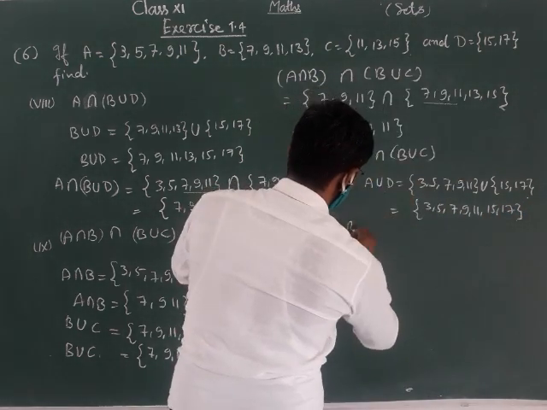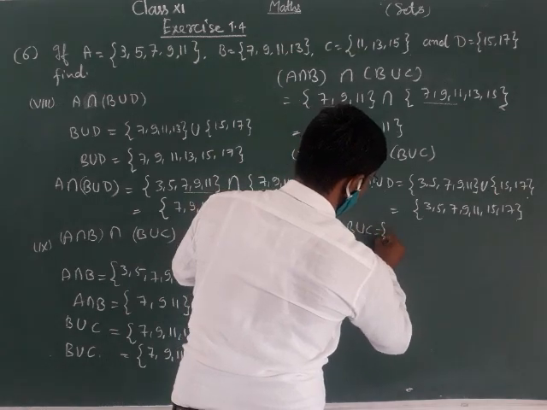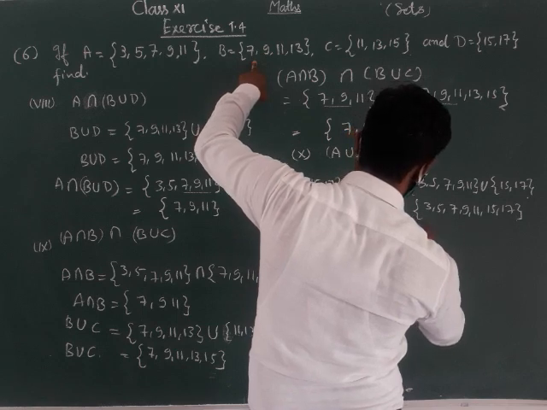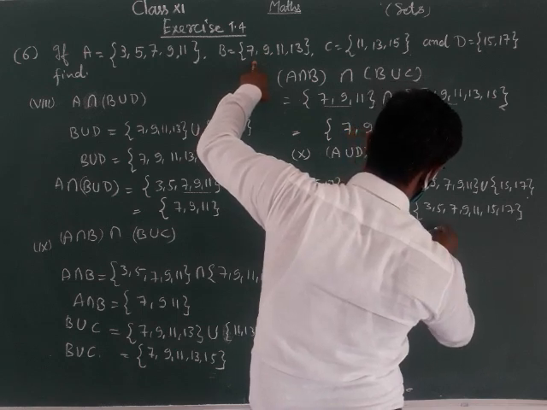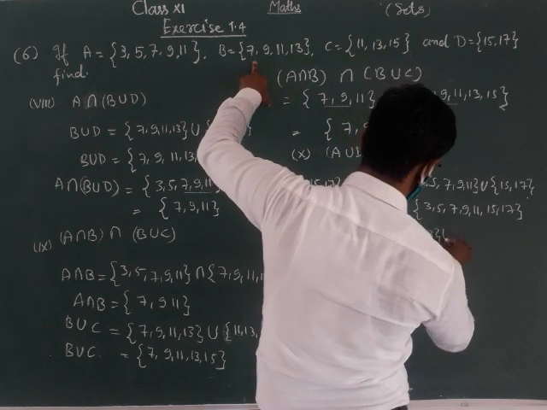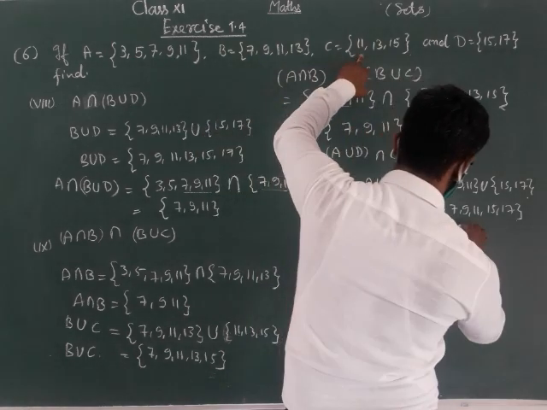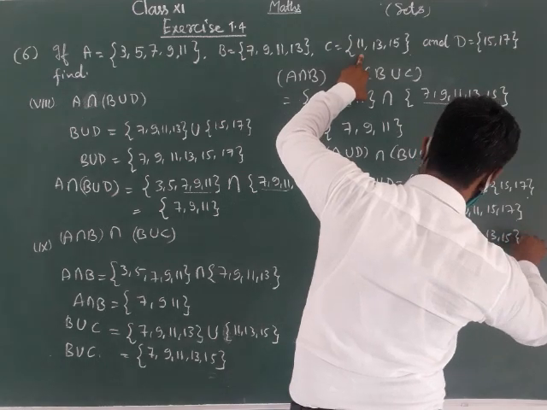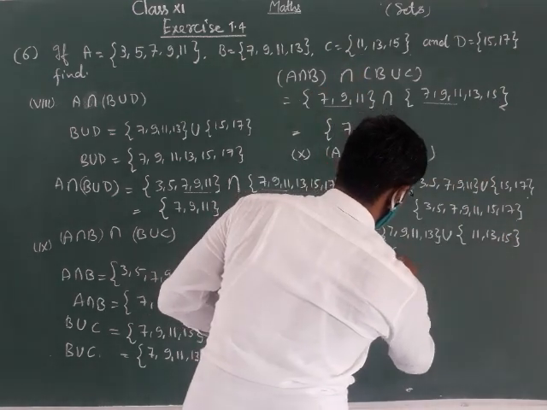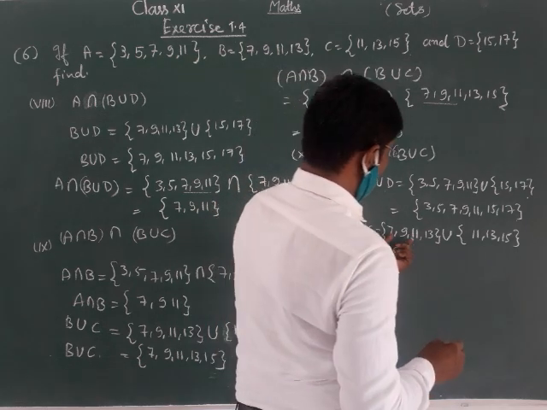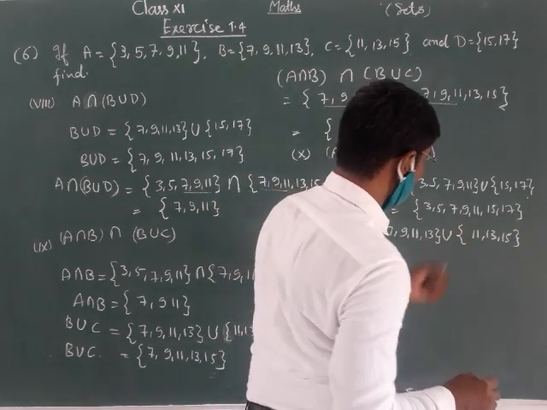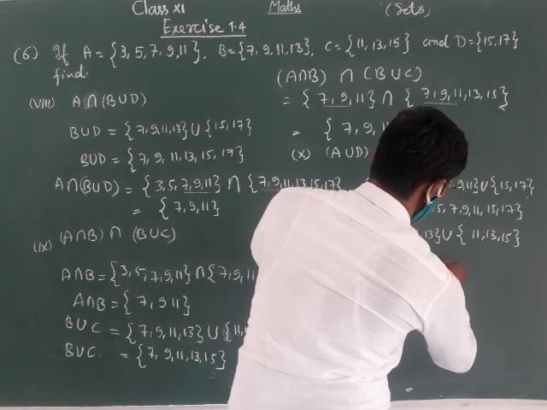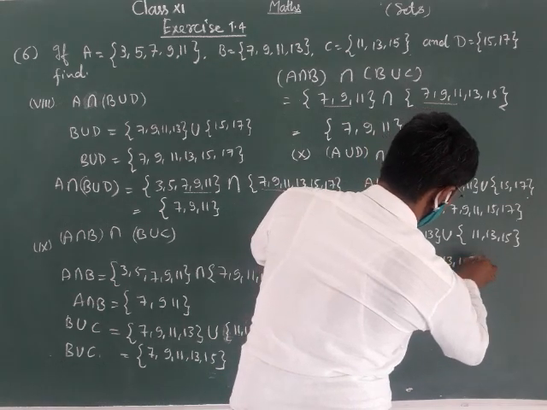And B union C. So B has the elements 7, 9, 11, 13 and C has the elements 11, 13 and 15. So all the elements of B and C are 7, 9, 11, 13 and 15.